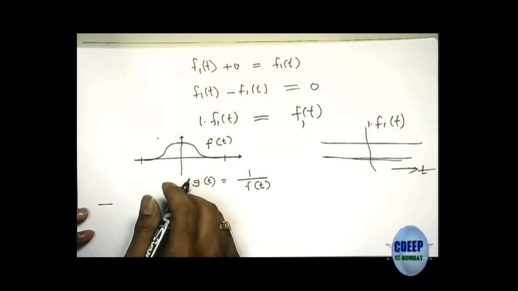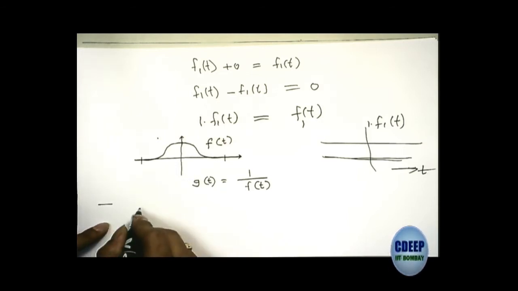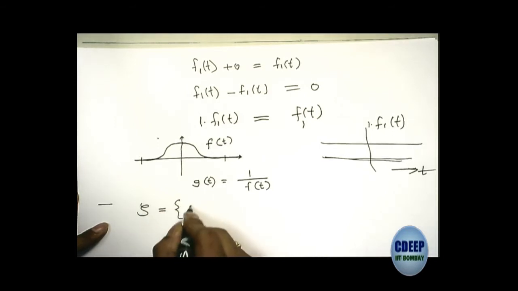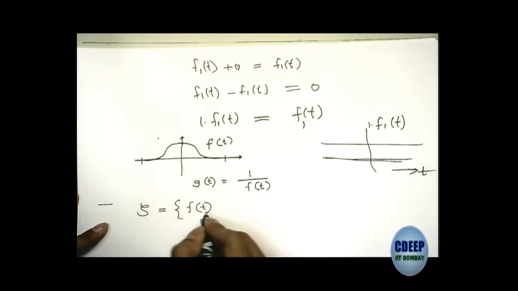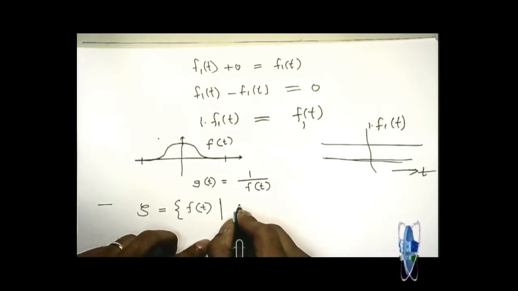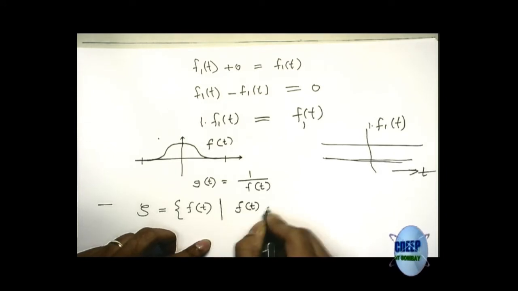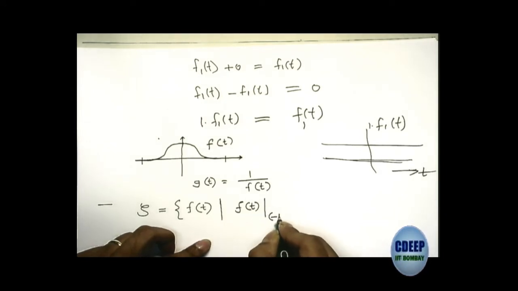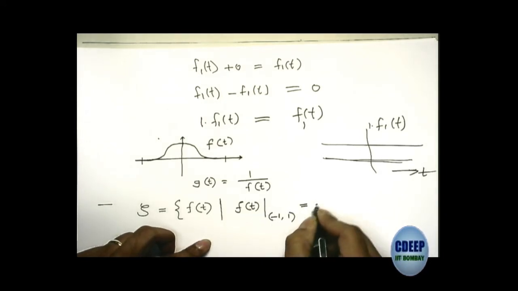Now the second part asks us to do the following. We define this set S, which is the collection of all f of t such that f of t, when evaluated on this interval, gives us 0.